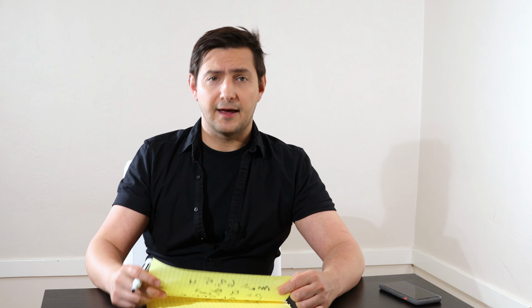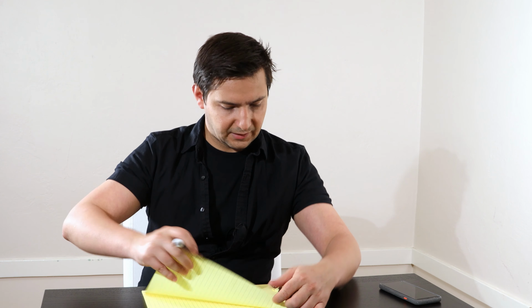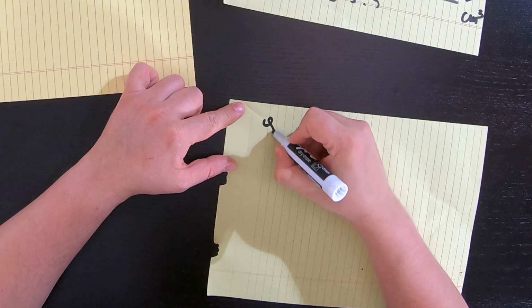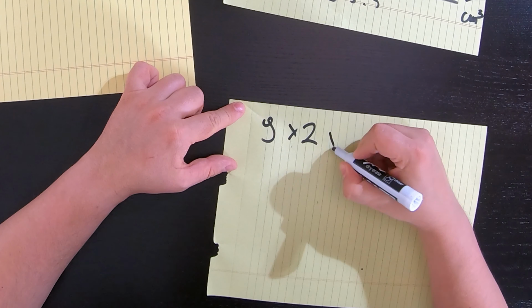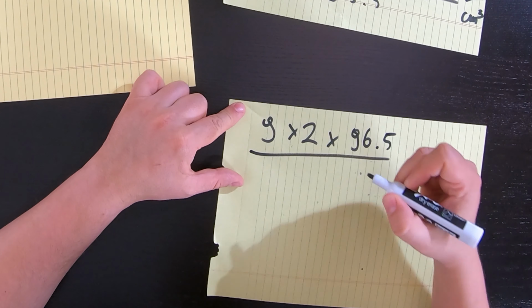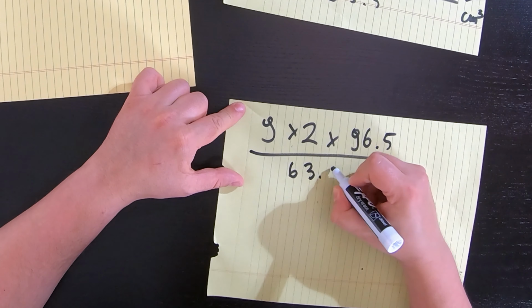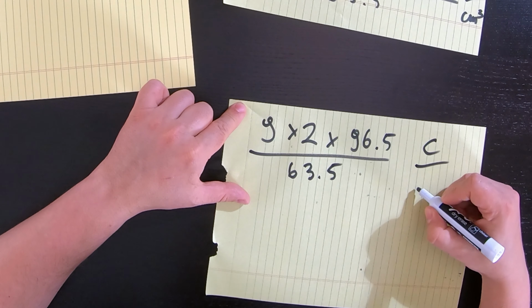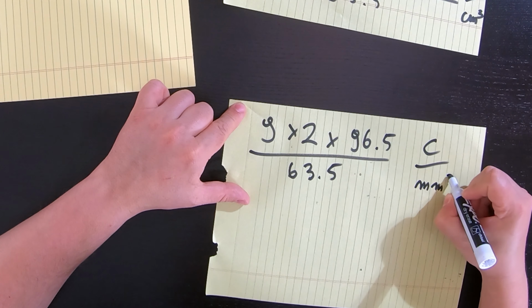To transform it to cubic millimeters, we have to divide it by 1,000. So now it is 9 times 2 times 96.5 divided by 63.5, and this is coulombs per cubic millimeter.